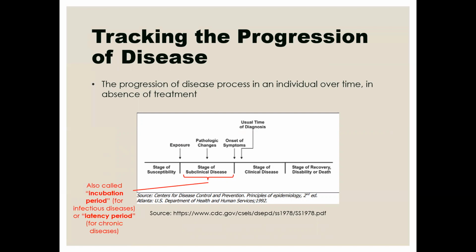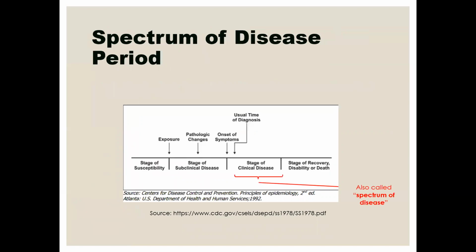When you are exposed to a disease and may have the disease, but not have symptoms, and then you have a clinical stage where it's the spectrum of the disease where you actually exhibit symptoms and have the disease. And ideally, we hope you get to this stage of recovery, but it could be disability post-disease or infection, or it could be, unfortunately, mortality, which is death, right?